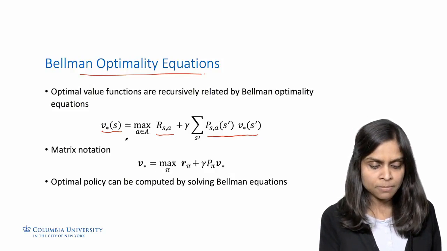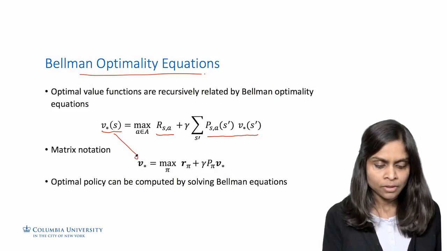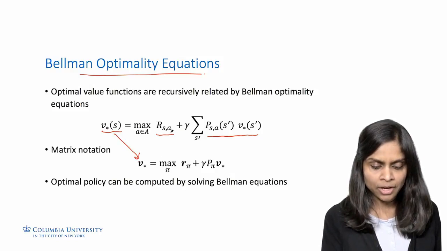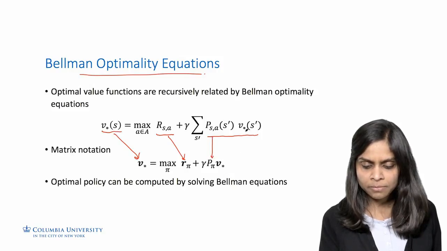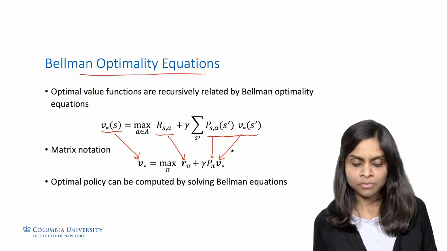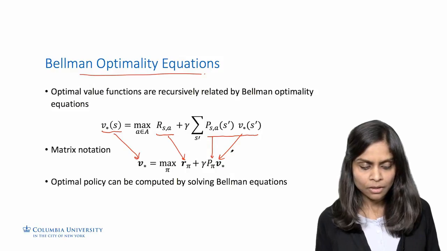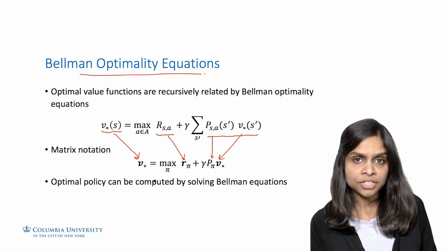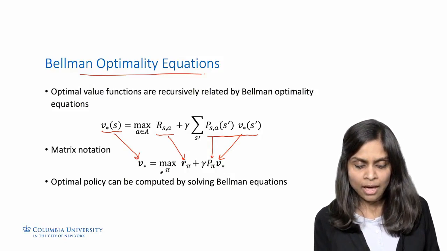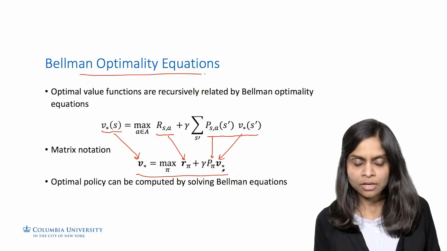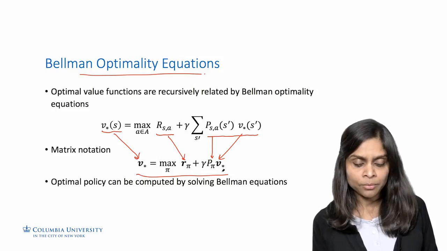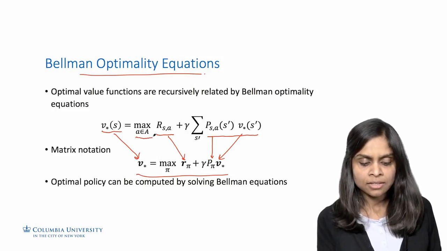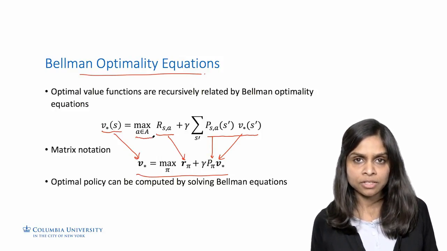This can be expressed in matrix notation as before, where we will use value vectors, immediate reward vectors, transition probability matrix, and optimal value vector again. So then the optimal value function can in fact be computed as a fixed point of this equation. An optimal policy can then be found as the actions that achieve this maximization here.